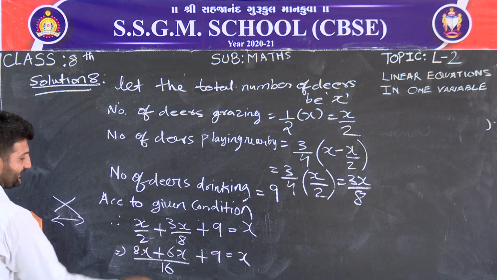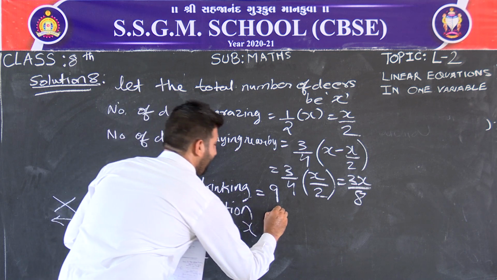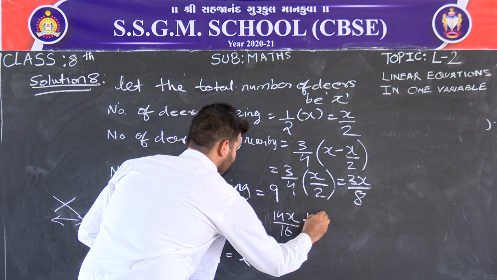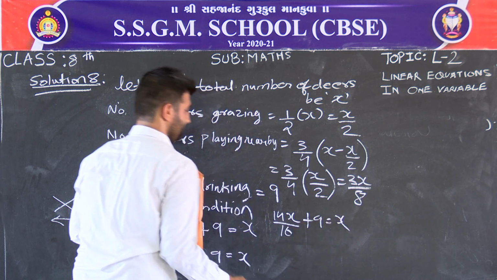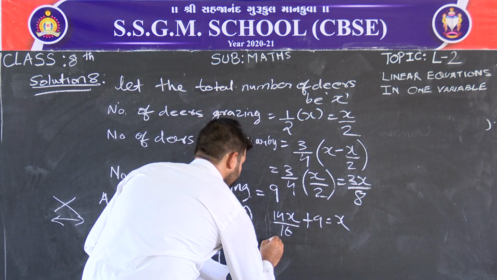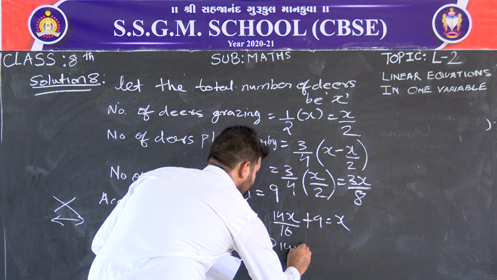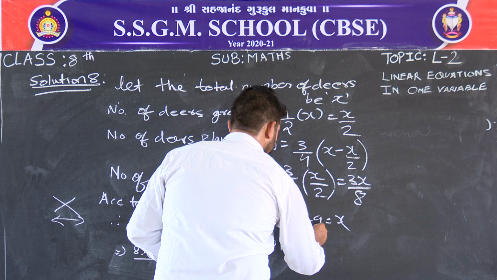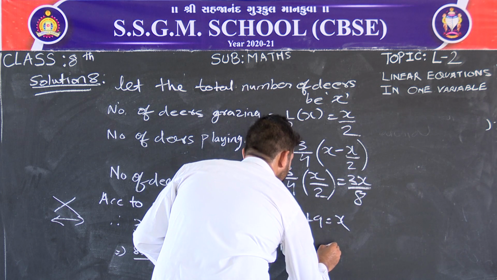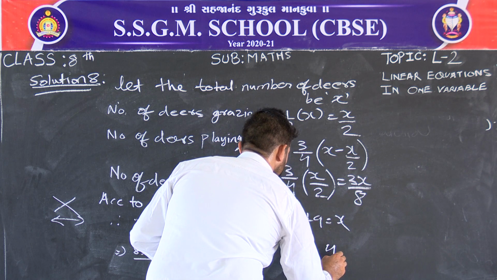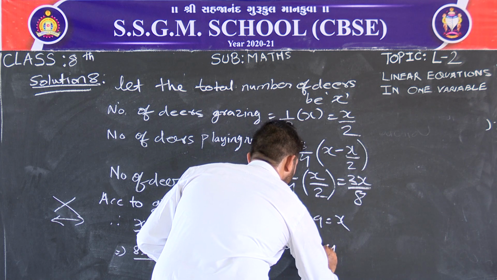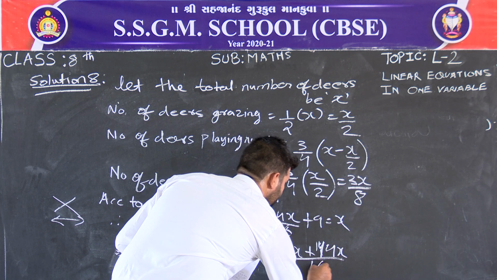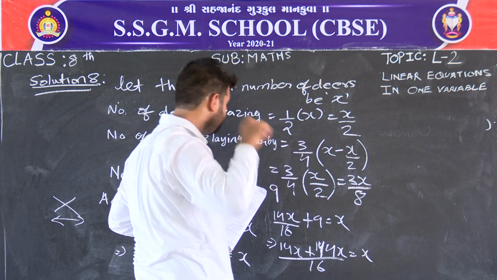So 8x plus 6x will become 14x by 16 plus 9 is equal to x. Again it will become 14x plus, again take the LCM, 16 9s are 144, upon 16 is equal to x.